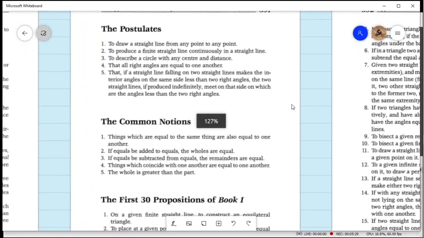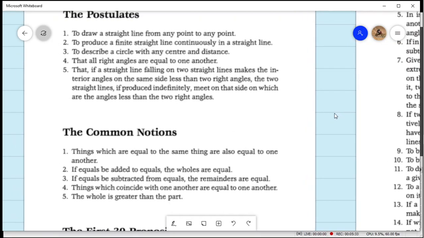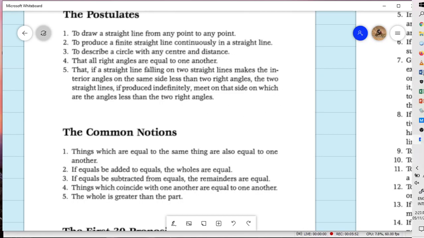we see the 5 postulates of Euclid. First, to draw a straight line from any point to any point, which means 2 points determine a line. Then, to produce a finite straight line continuously in a straight line, meaning a line segment can be extended to make a line.